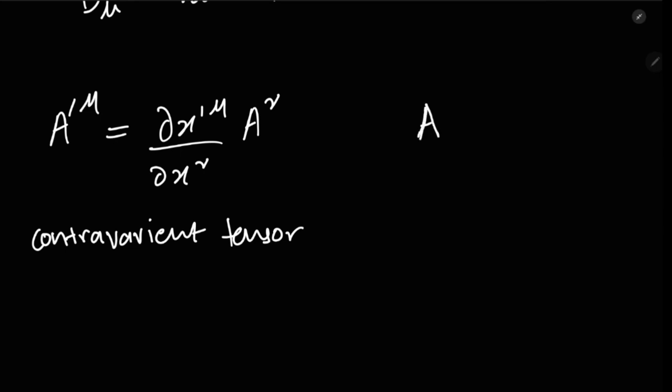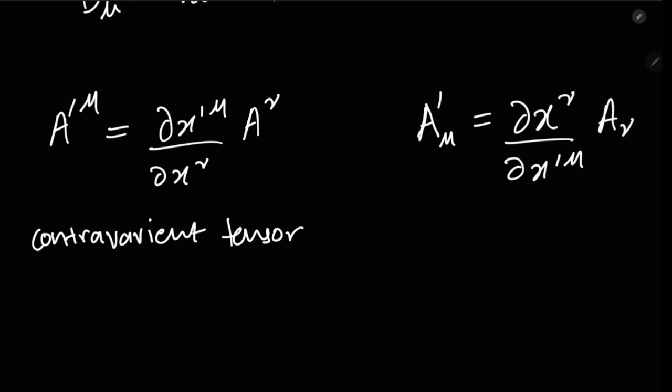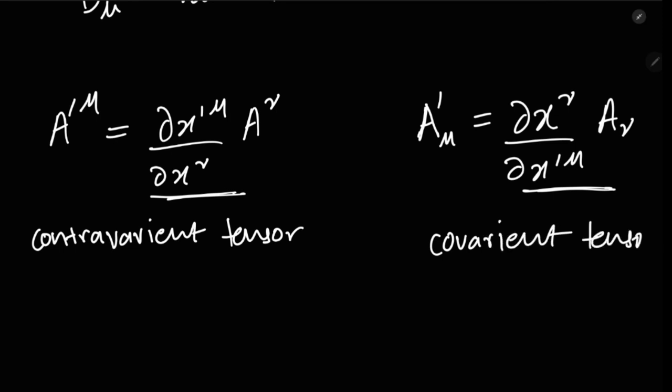And we'll write the definition of a covariant tensor using the lower index. A prime of mu is equal to del x nu upon del x prime mu A nu. This is our covariant tensor. So you can see the factors over here, this factor and this factor, are just flipped for the covariant tensor.